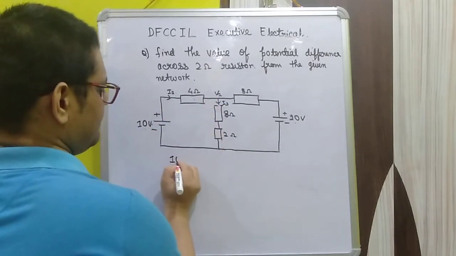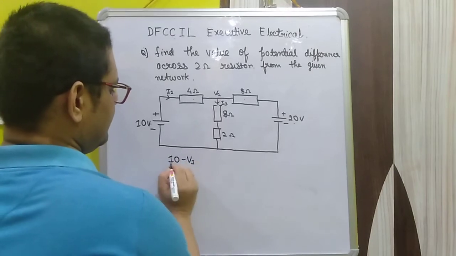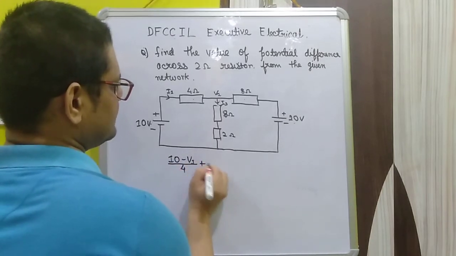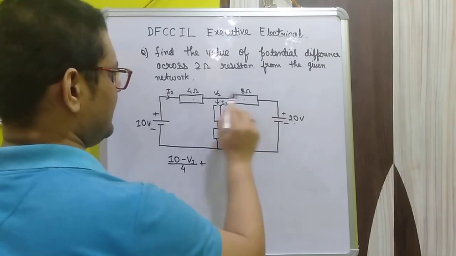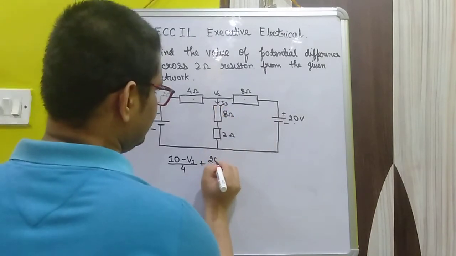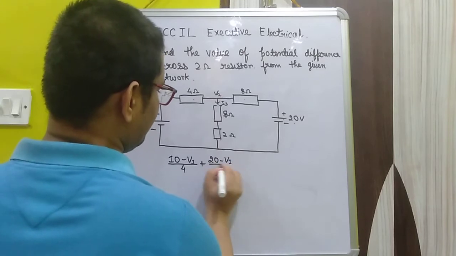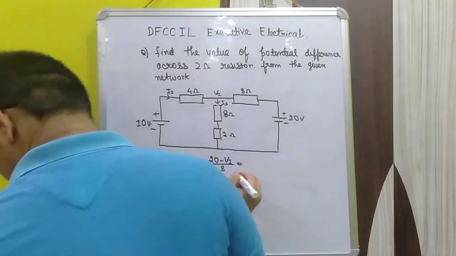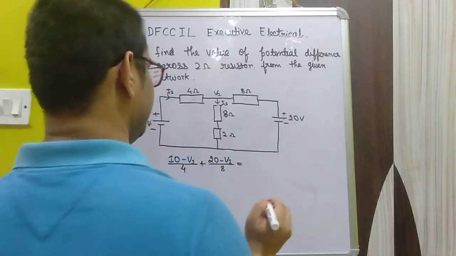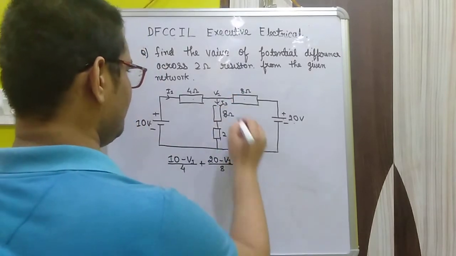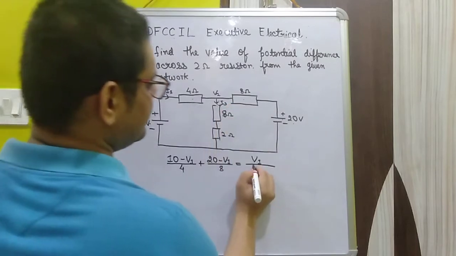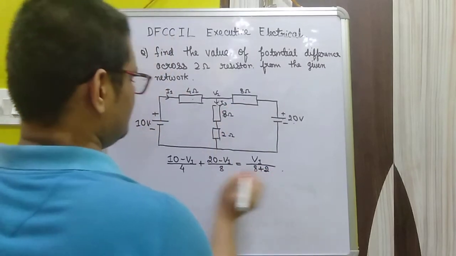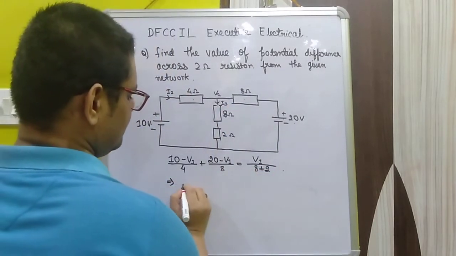So 10 minus V1 divided by 4, plus 20 minus V1 divided by 8, is equal to V1 divided by these two resistances, that is 8 plus 2. Now we calculate quickly.